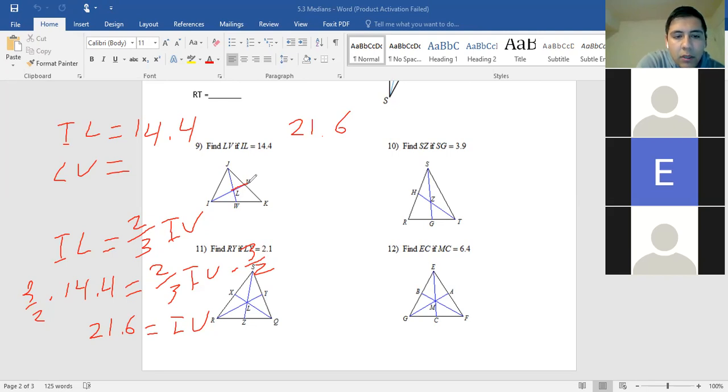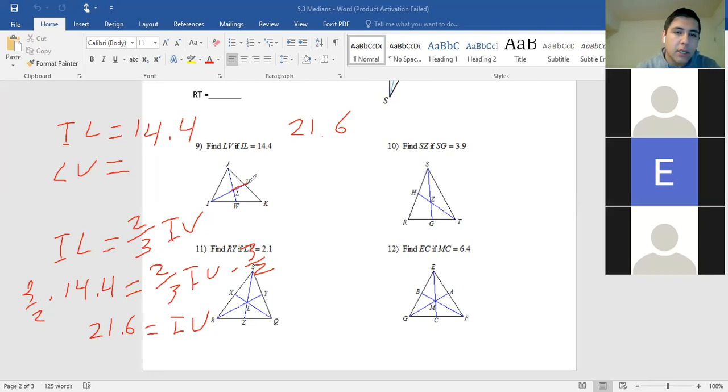So how would we find the smaller part? So again, we know that the entire thing is 21.6.